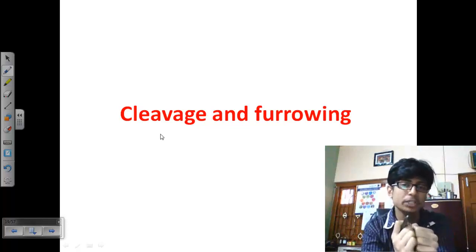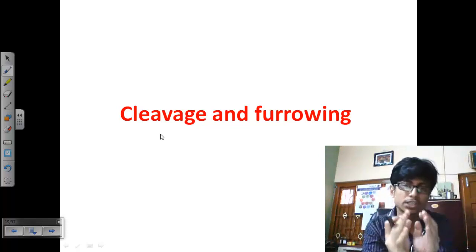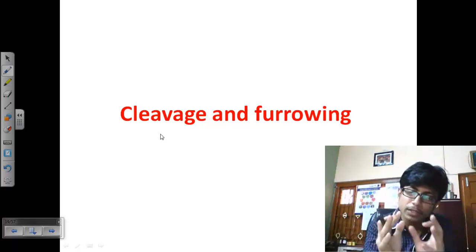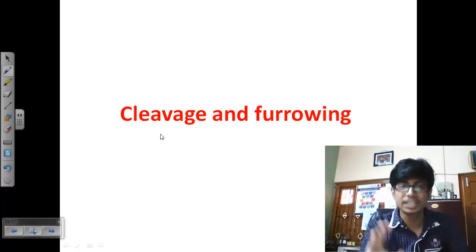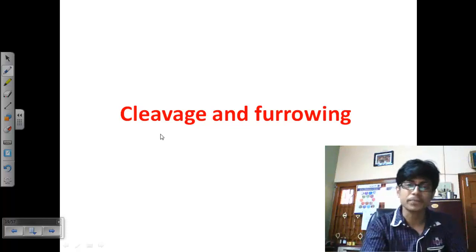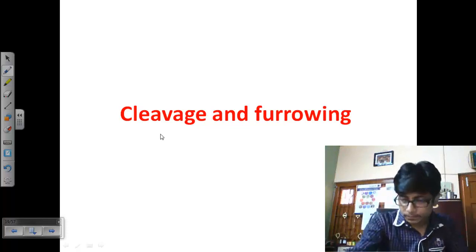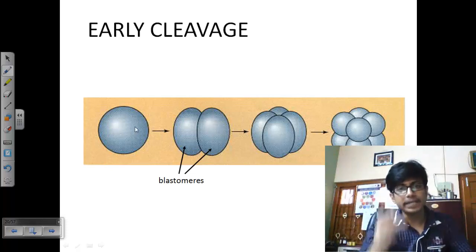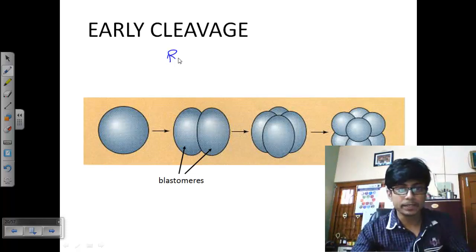So those cadherin molecules and CAM receptors help those cells to interact, to be in close proximity, because we don't want those cells to go away. We want those cells to be close together, because after the morulation, it will undergo blastulation, which will be the proper organization. So see, the cleavage process is nothing but rapid cell division.